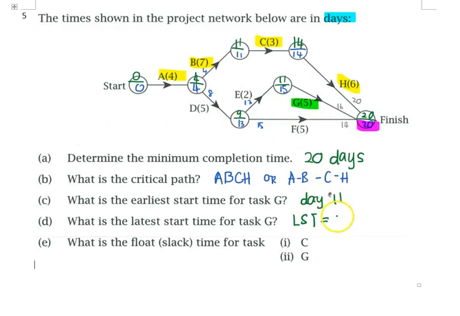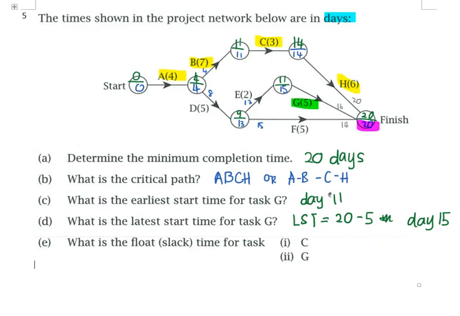So I show you here, 20 minus the activity time for G, which is 5. So the LST for task G will be day 15. Actually no need to show the working steps, also fine.